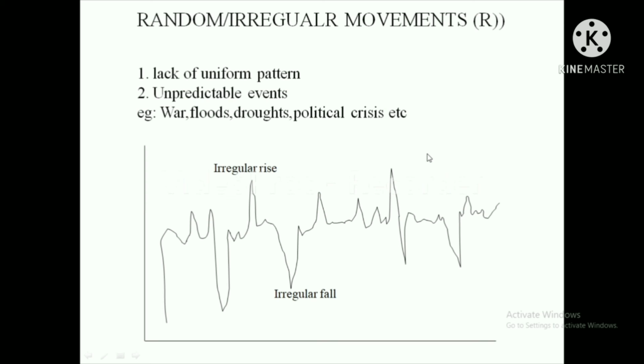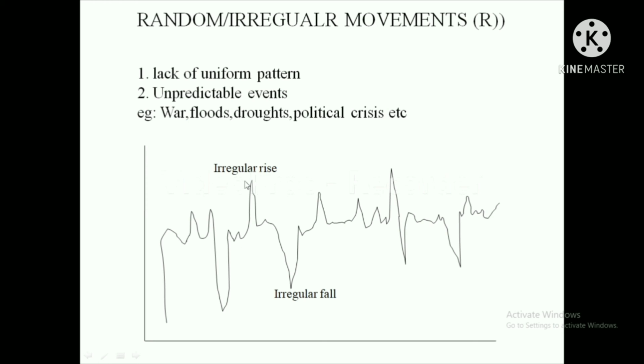So what basically random movement measures is it measures those variations which are very unlikely and unpredictable. For example, nobody can predict necessarily war. Nobody can exactly predict flood. For example, to some extent, meteorological information can help us to predict, but then nobody is precise about it. Earthquakes or droughts, or for example, political crisis.